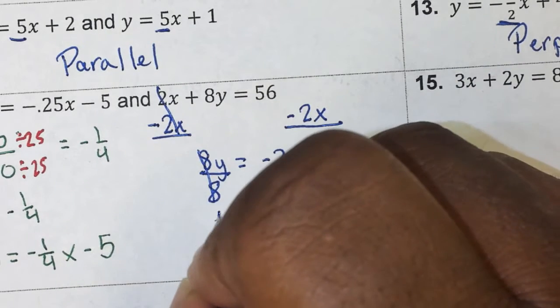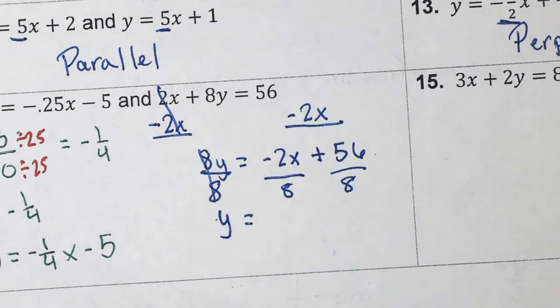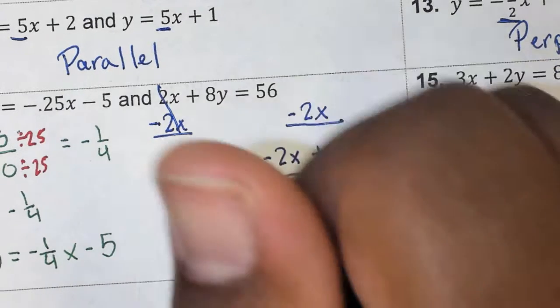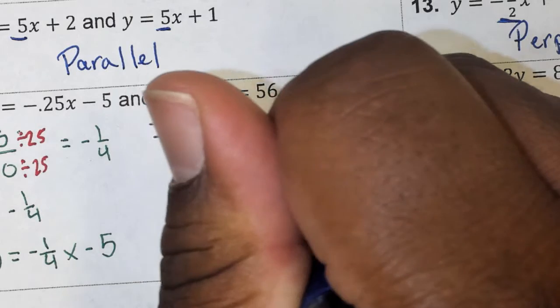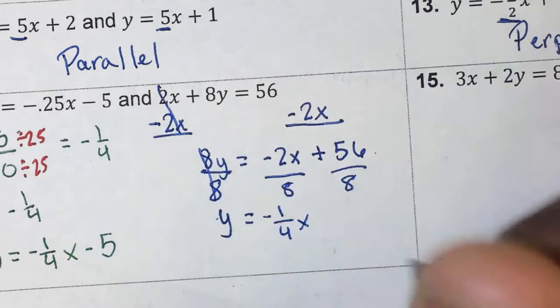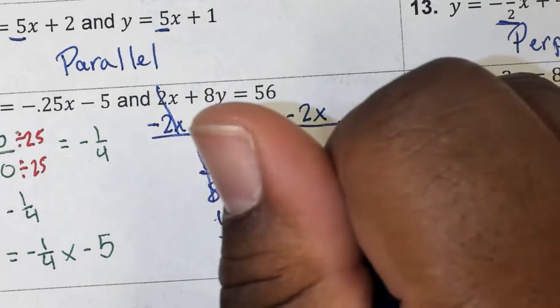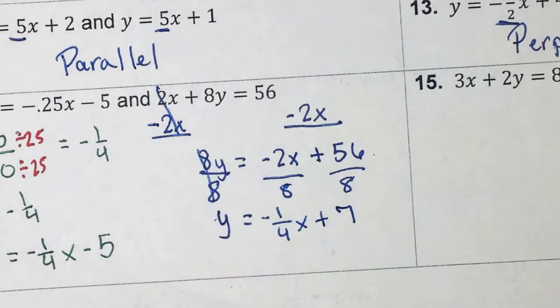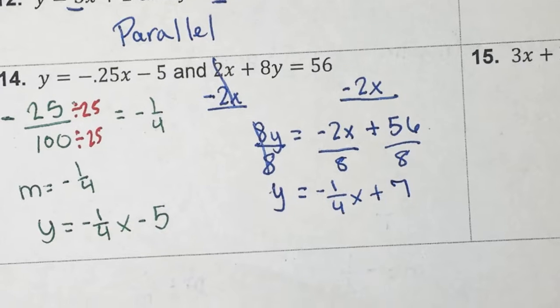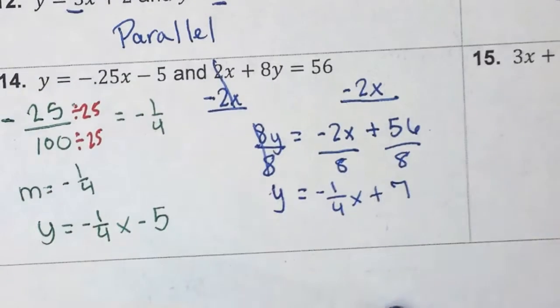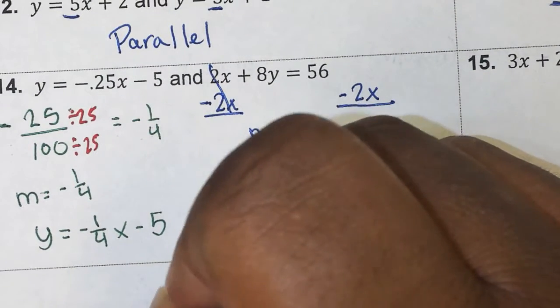Cancels here, y equals, and then you simplify on this side. Negative 2 over 8, what does that simplify down to? Negative 1/4 x, and then 56 divided by 8 is plus 7. This is my other equation. Now that you got the equations in slope-intercept form, give me my answer. Parallel.